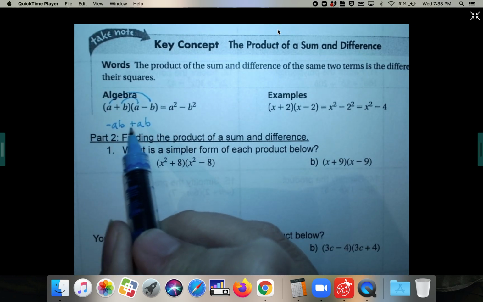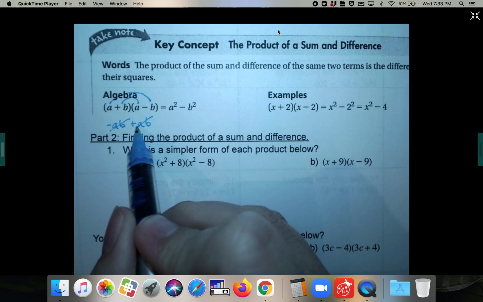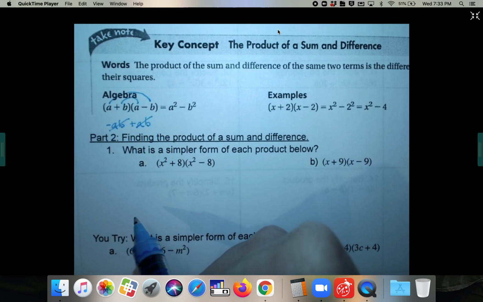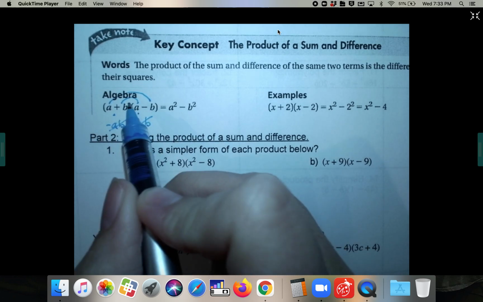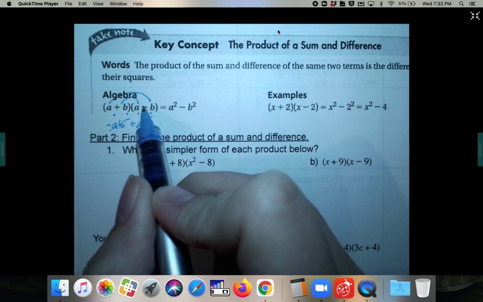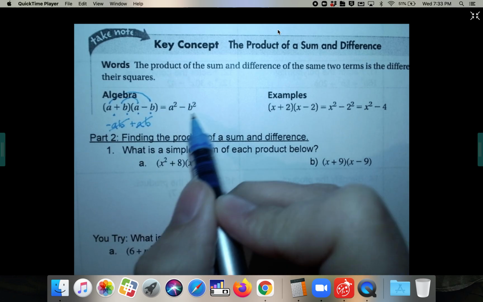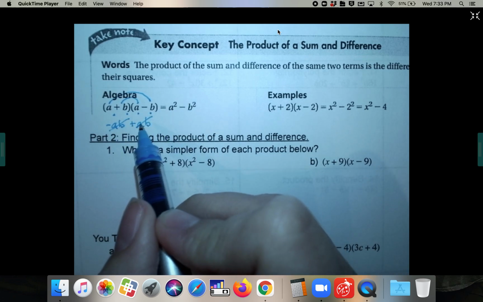And if you have minus ab and plus ab, those are opposites. They would cancel each other out. So all you're left with is your firsts, which are a times a, which is a squared, and your lasts, which are b times negative b, which is negative b squared. So you're foiling, your O and your I term drop out.